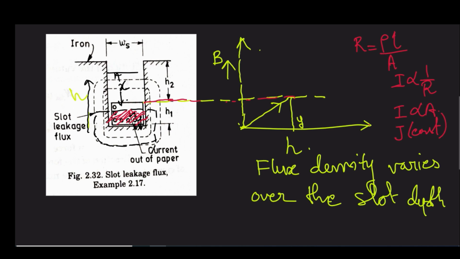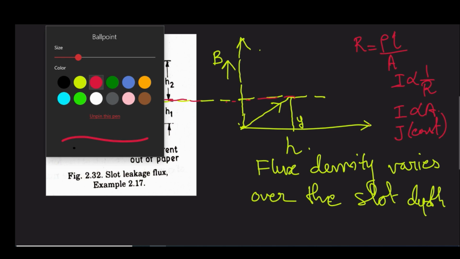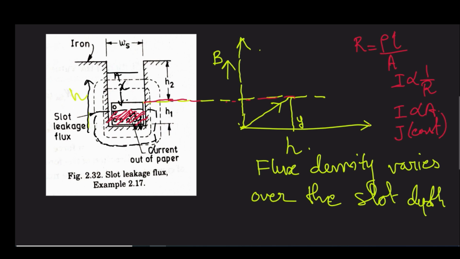After that, even if you move upward, you are not able to get any more current. So the H will remain constant. And if H remains constant, then what you will have? B is mu H, so it will be a straight line.